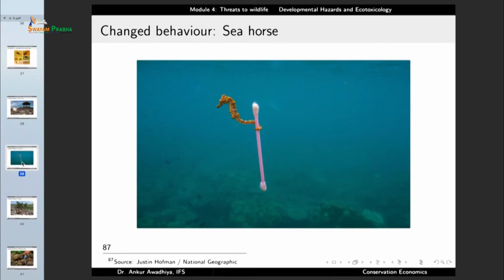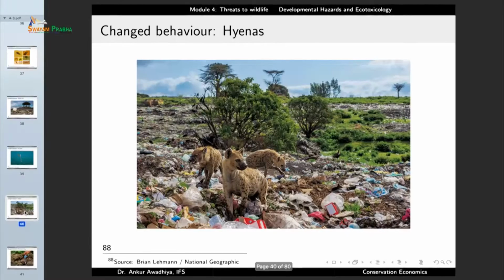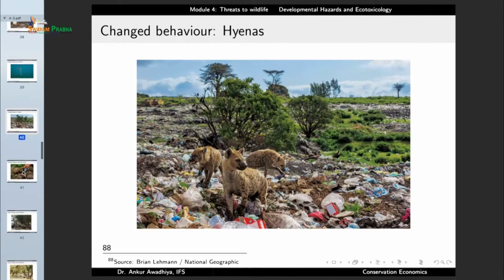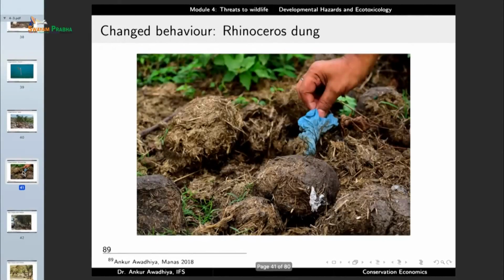This image of a seahorse sticking to an earbud, or these hyenas living in trash, or this rhinoceros dung that we are finding full of plastics. Now, a rhinoceros in a natural environment does not eat plastics, but we are changing the behaviors of animals by trashing our planet. So this is another hazard of unsustainable economic growth.